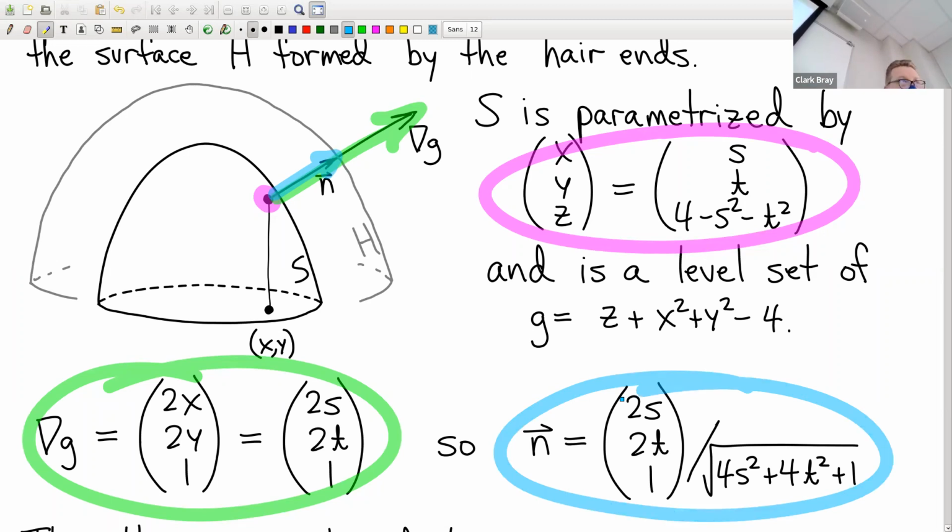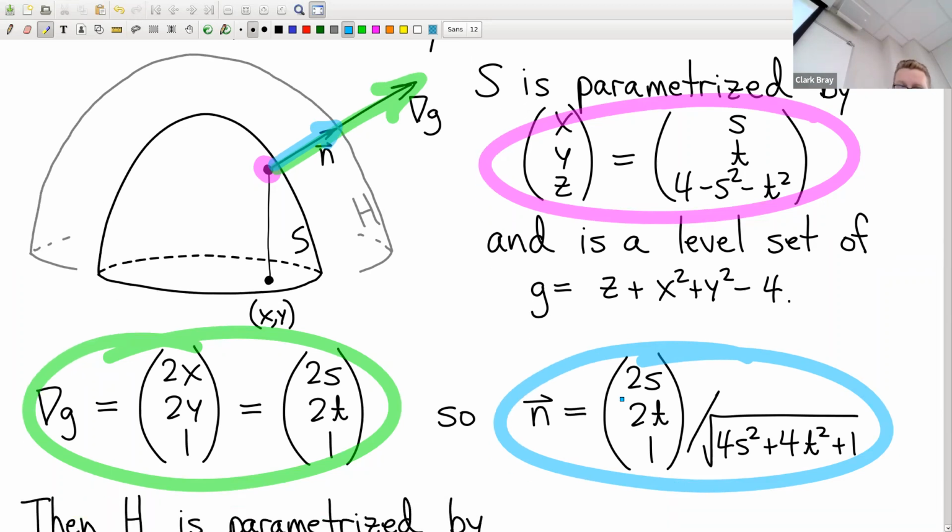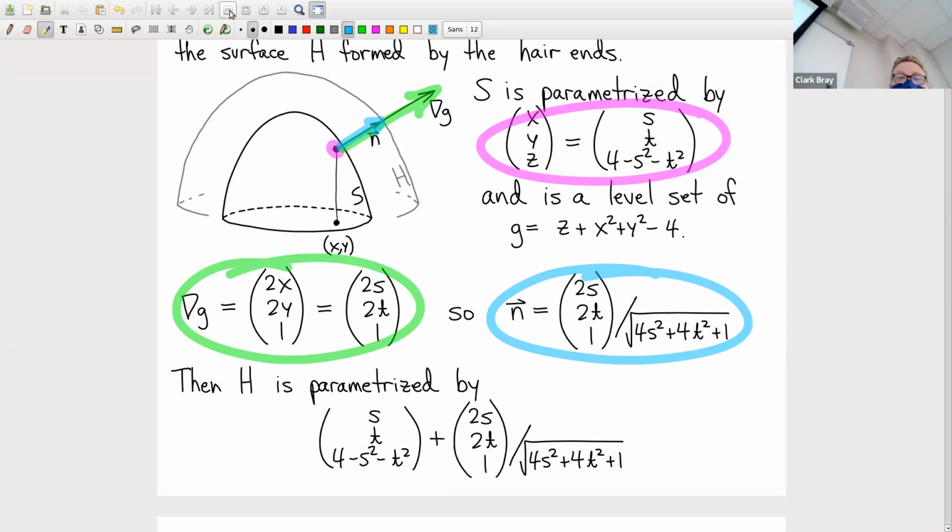And that gives me that blue vector, which is still not quite what I want, because what I really need is this point. That dark blue point that I'm interested in, that's on my surface H, part of the surface I'm actually trying to parameterize.